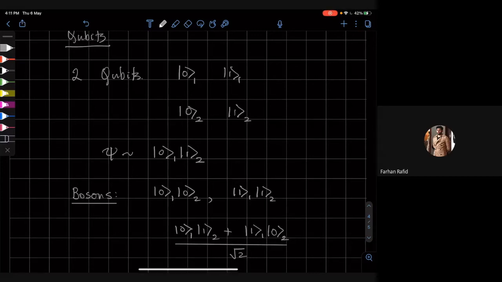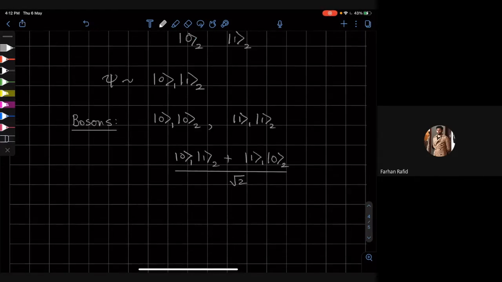Right? So these are the three possibilities if our qubits are identical bosons, okay? Because these are the wave functions which are symmetric under the exchange, the application of the permutation operator, right?